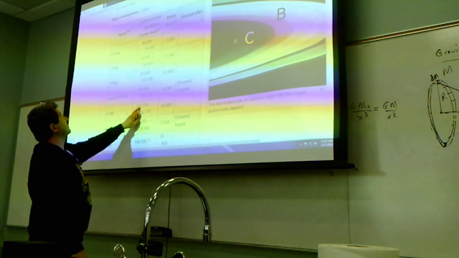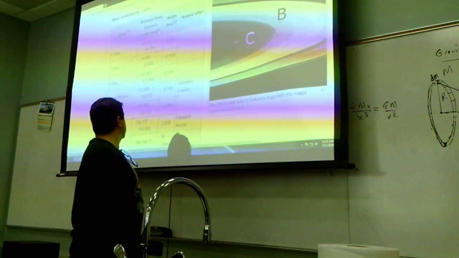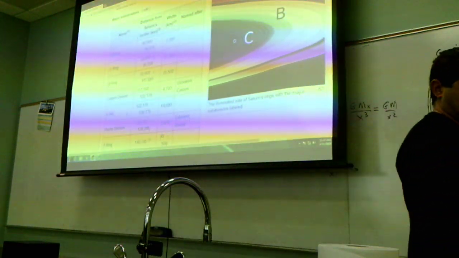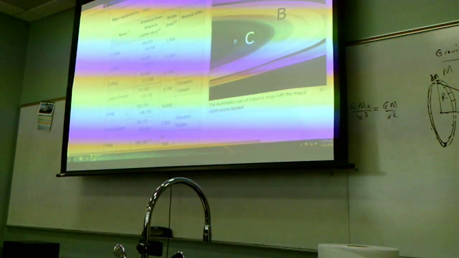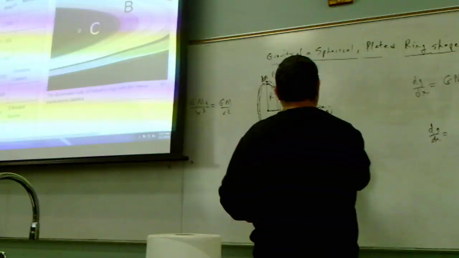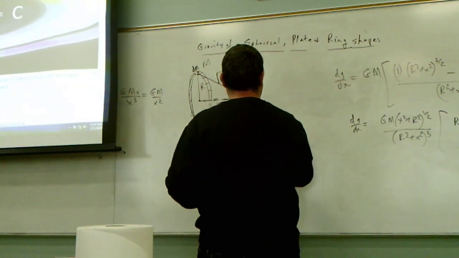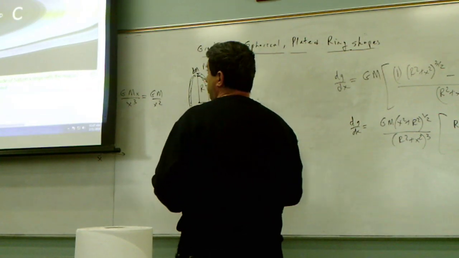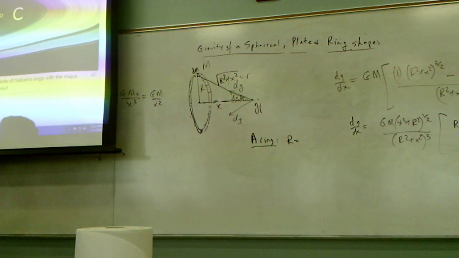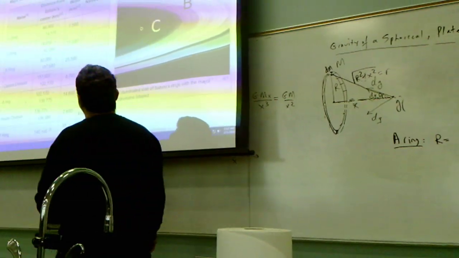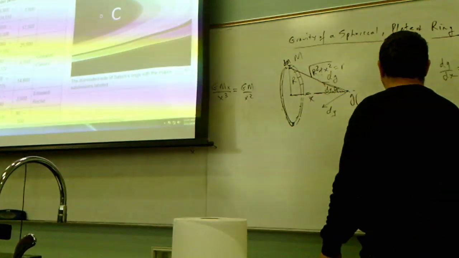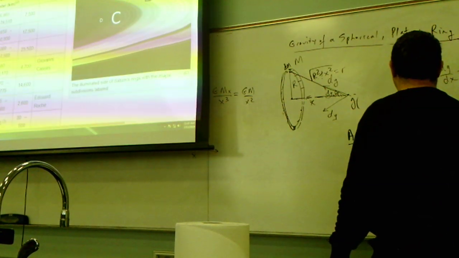So the distance from Saturn's center, 122,000. So that would be the radius of the ring, right? So the A-ring radius would be, let's just say something like 130,000 kilometers.